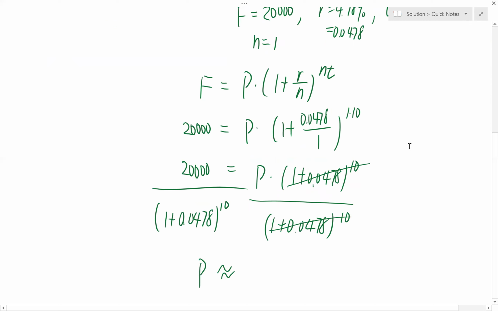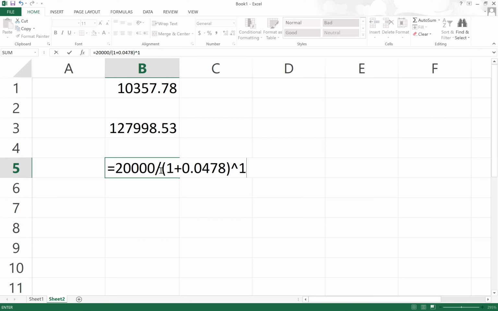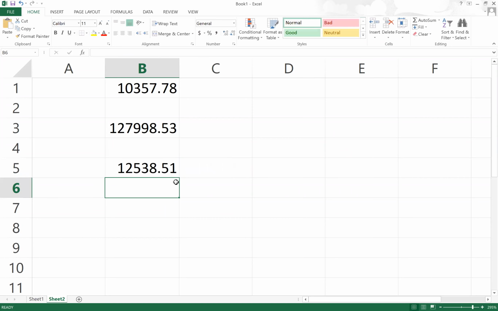And let's see what that is. You can call this the discount of the par value, right? So we discount it back to the present time. So 20,000 divided by 1 plus 0.0478 raised to the 10th power, 10 years. Okay. And that should give us the result, right?